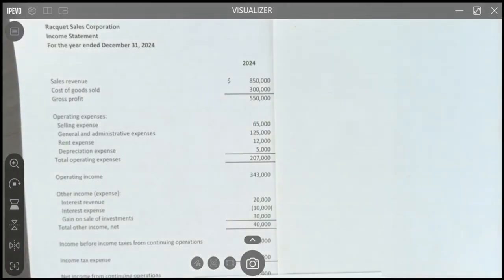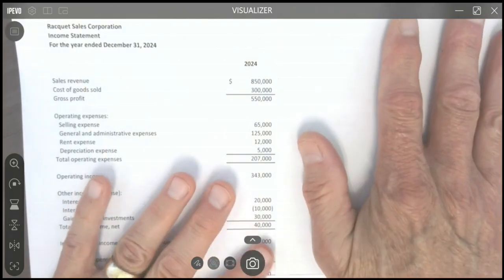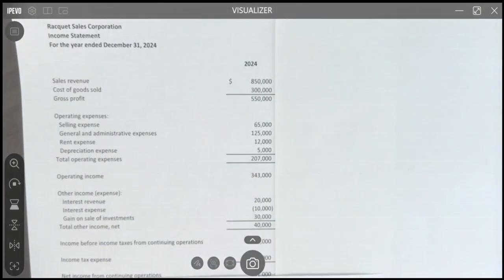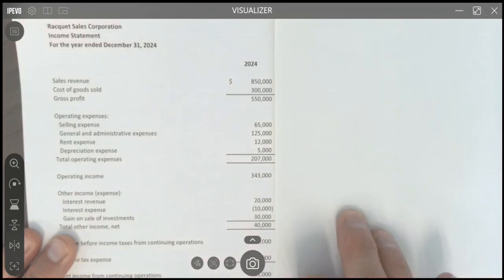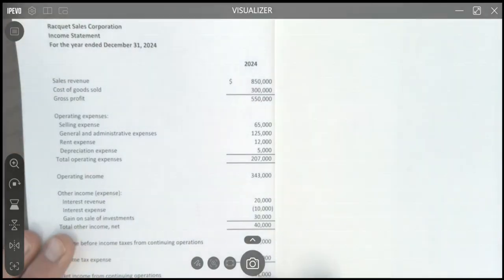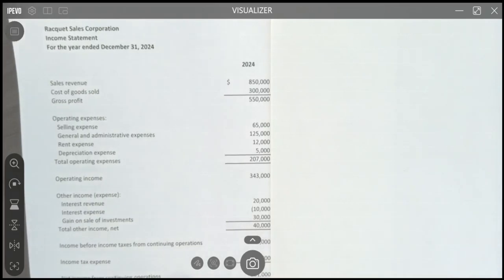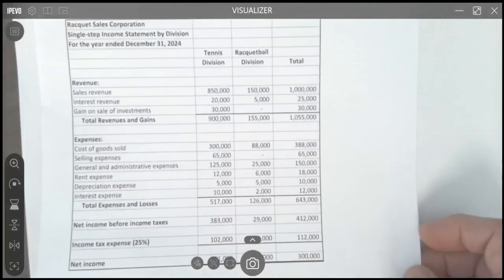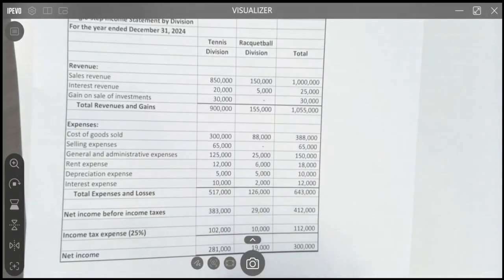Welcome back. I have now converted my work so that the income statement as we knew it comes to a bottom line net income from continuing operations, and it's that $281,000 that we saw on the income statement by division, the tennis division.